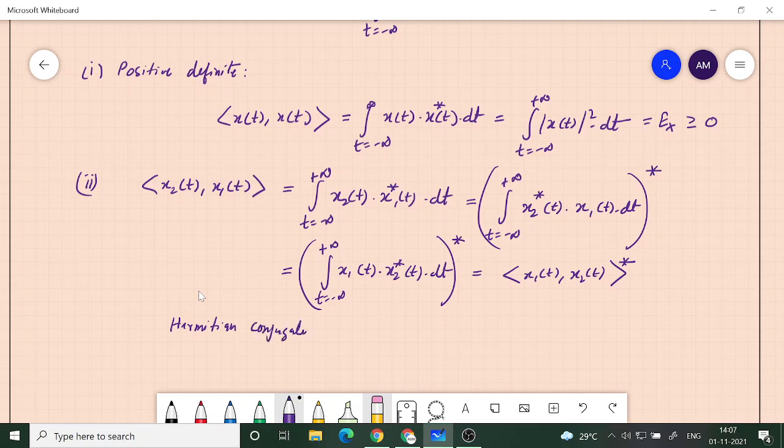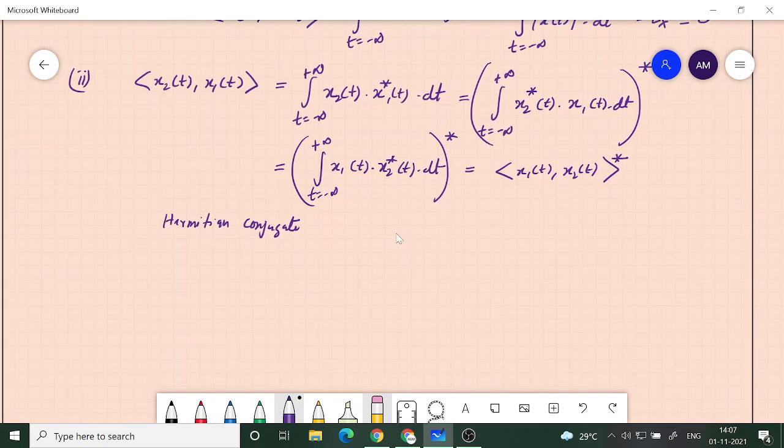Number 3 is very important for the proof that we are going to do today. It has two parts.